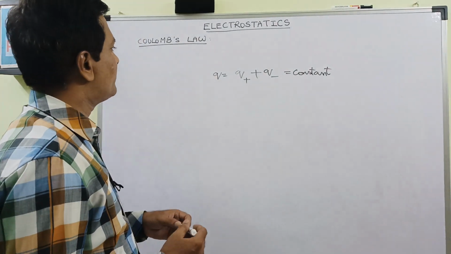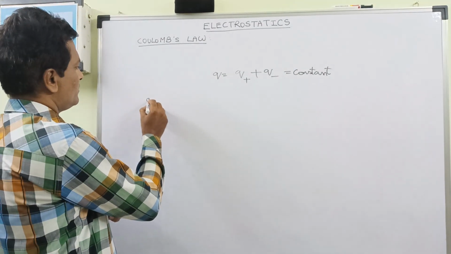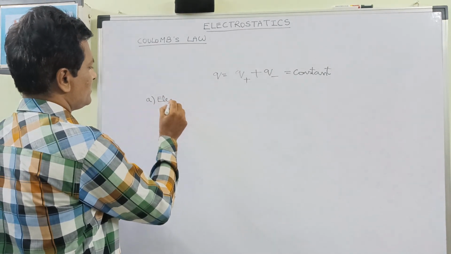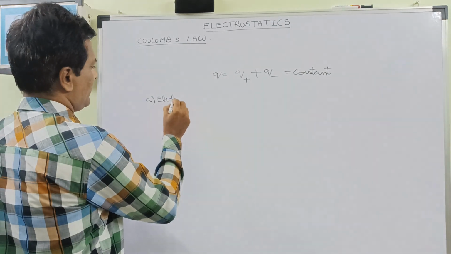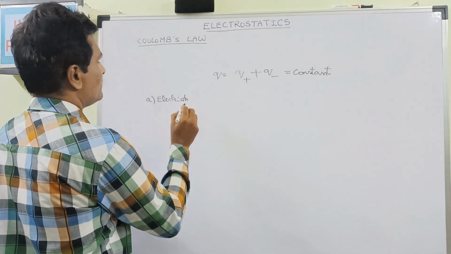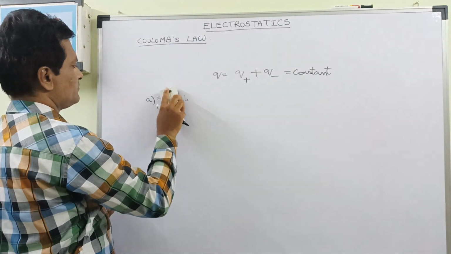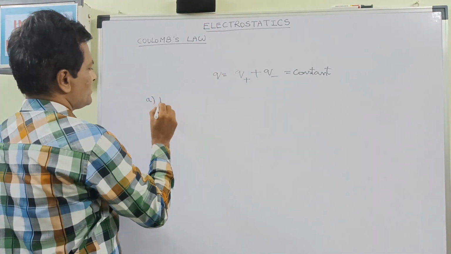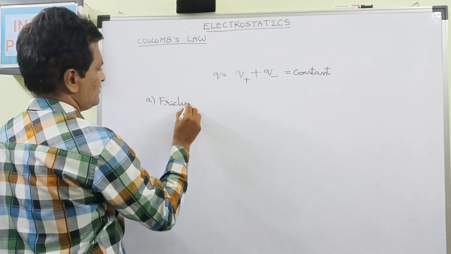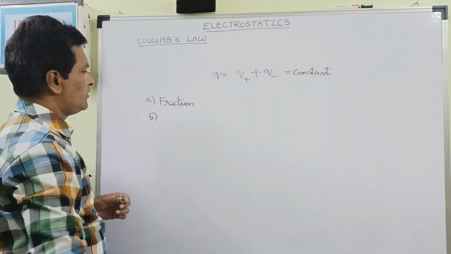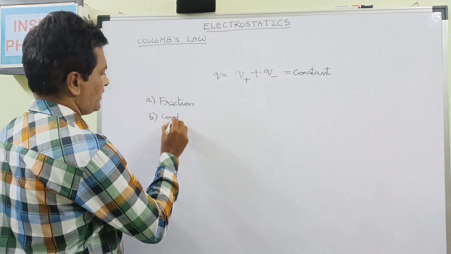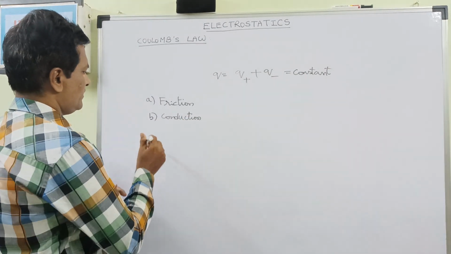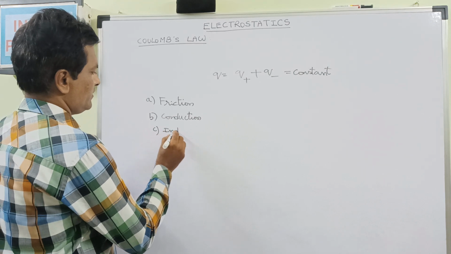In this process of electrification, generally we have three methods: A, by friction; B, by conduction; and C, by induction.